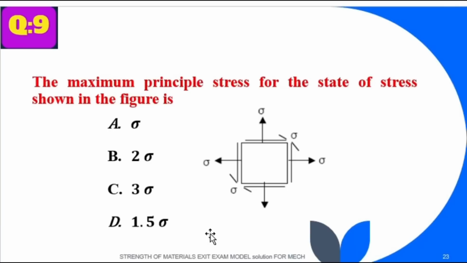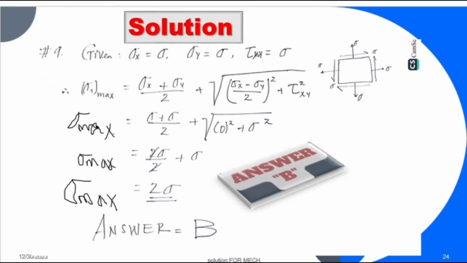So here we can analyze this by using the concept of the maximum stress, or maximum principal stress, on the parts. Here we are given this sketch, or this figure, and we are asked to calculate the maximum stress. We are given the stress along x and y direction, which is equal.